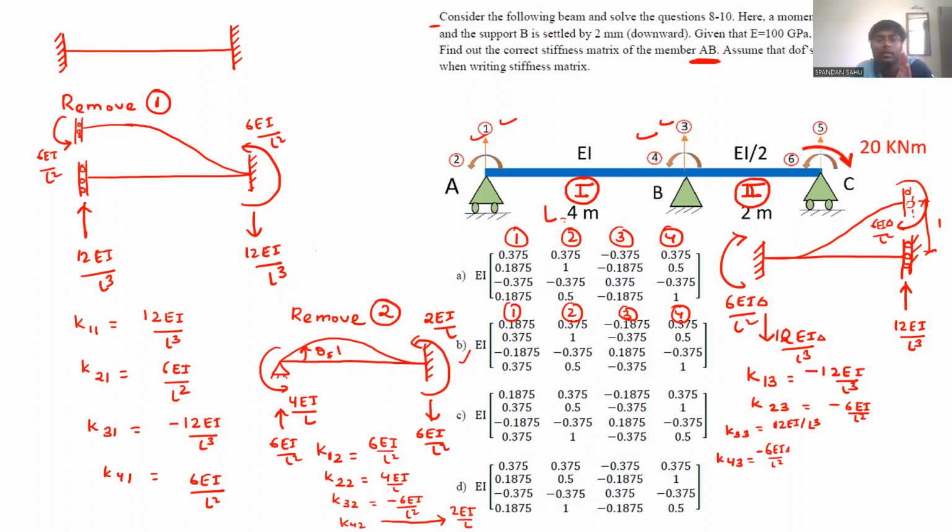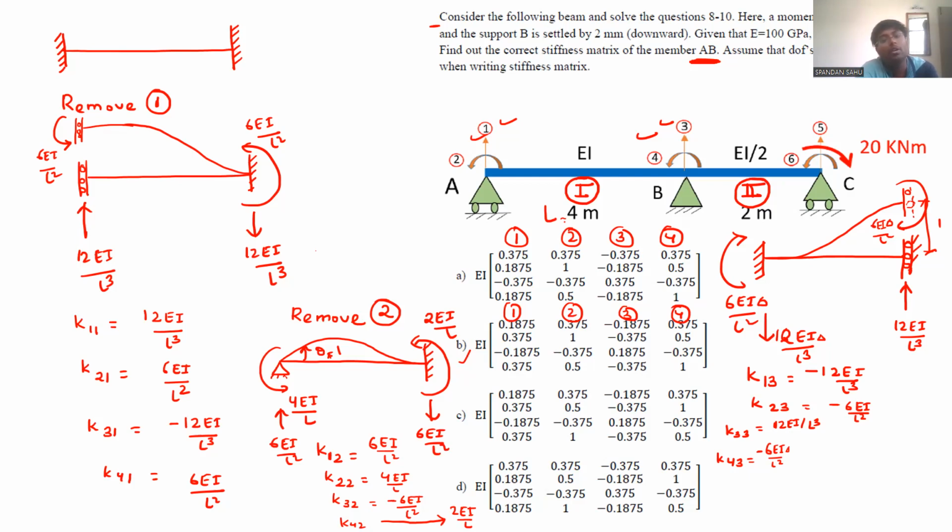F1, there will be some reaction. F3, there will be some reaction. F2, there won't be any reaction, so 0. F6 is given. F4, tell me what about F4?